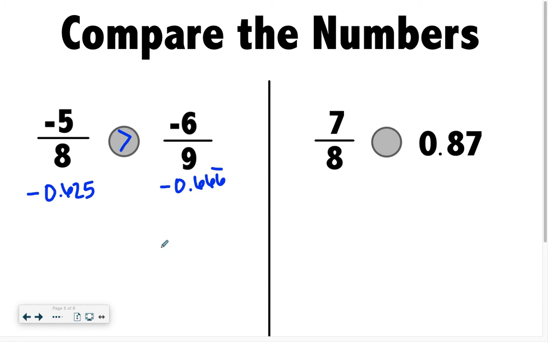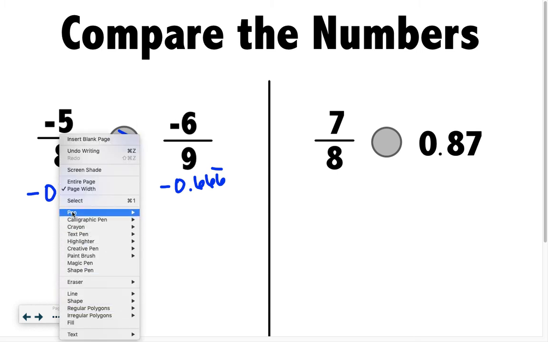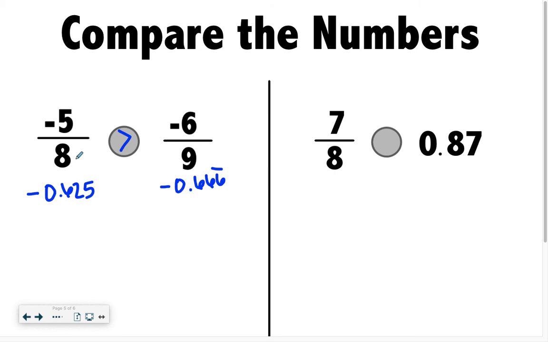Another way to test out which fraction is bigger is if you were to take these fractions and multiply on the diagonal, so do some cross products. So if I do 8 times -6, I get -48 over here.